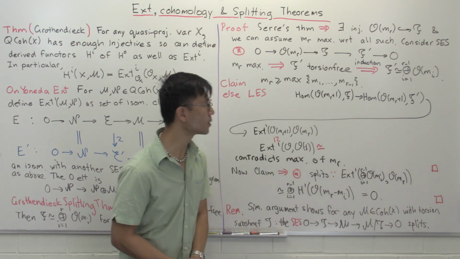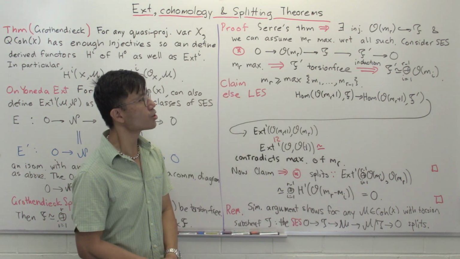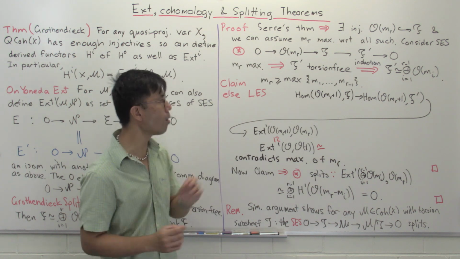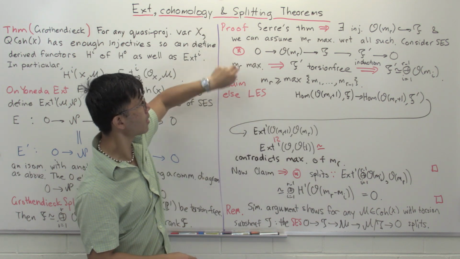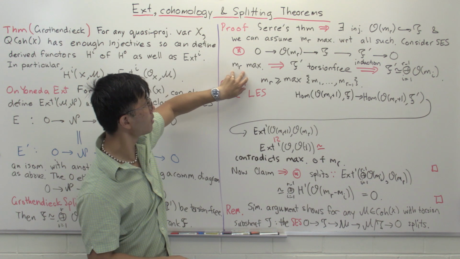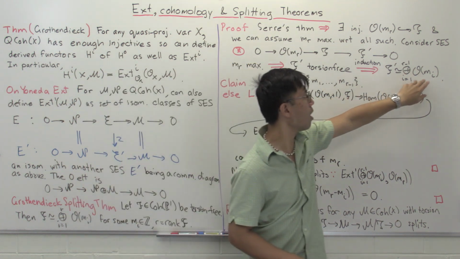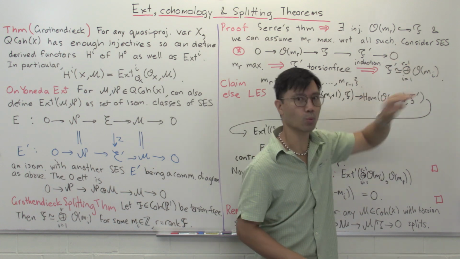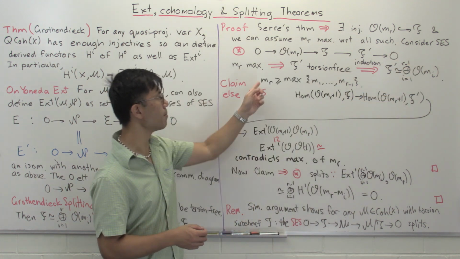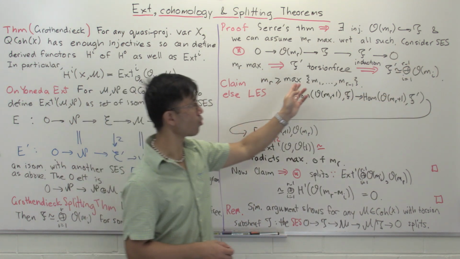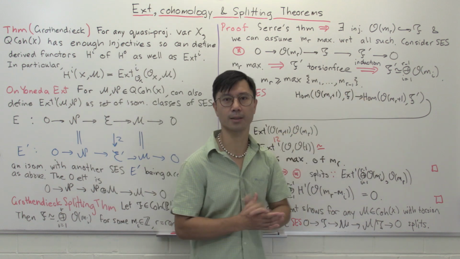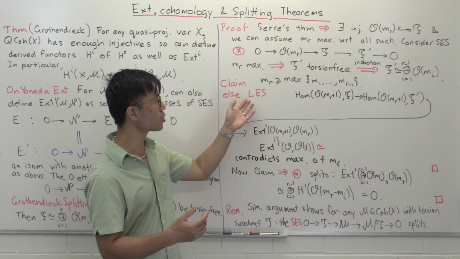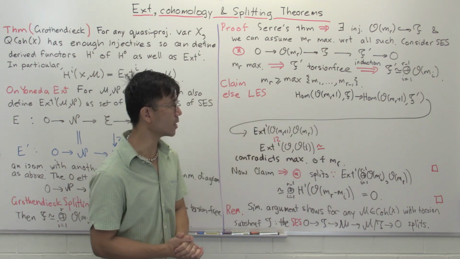So the most important part of this claim, and here we want to use maximality of MR once more, is that you've got this MR, and from F prime you've got these integers M1 up to MR minus 1. I want to say this MR is going to be at least as big as all those previous M's. So that's the claim. To do that, we're going to use a certain long exact sequence that I've written here.